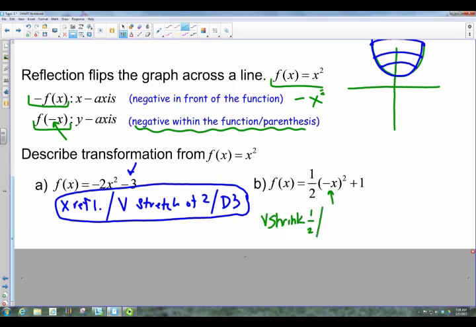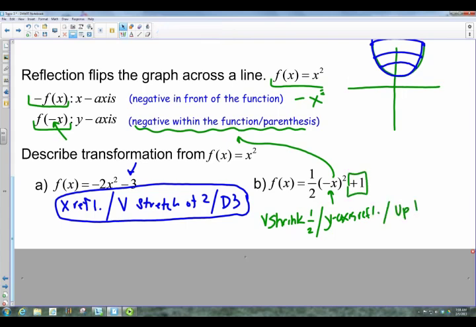Now the negative on the inside, remember we said that if it's inside the function, that's a y-axis reflection. So we've got the y-axis reflection here. And then finally that +1, just like previously, on the outside of our function, is going to move it up or down, and in this case it's up. So we'd say it went up 1, and there's our final function.